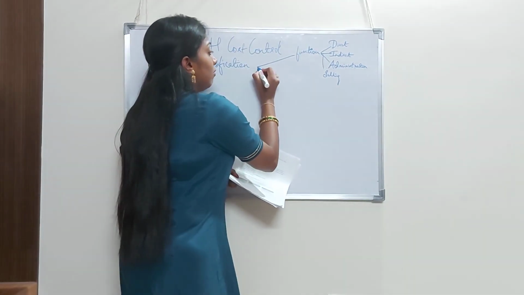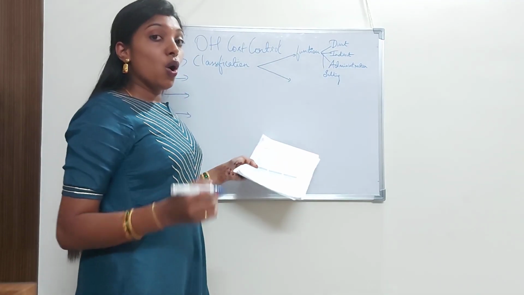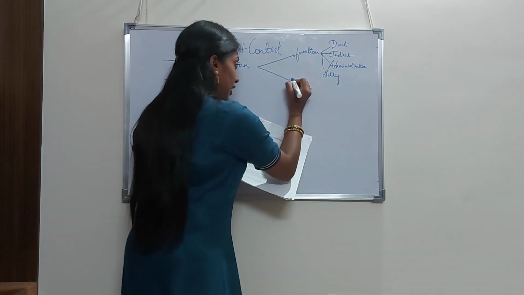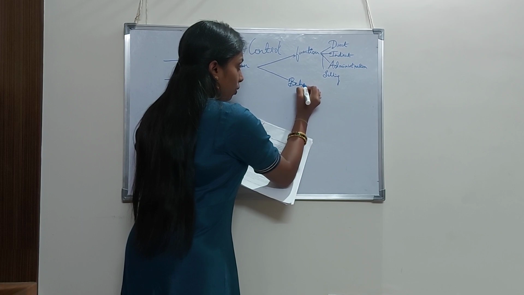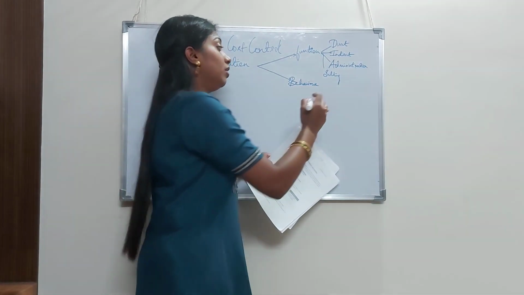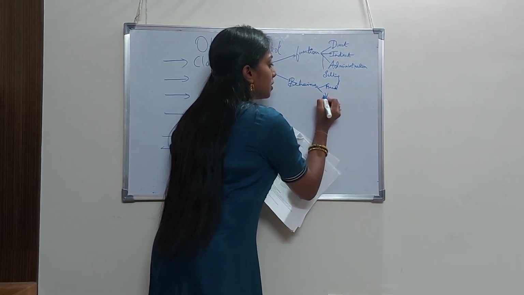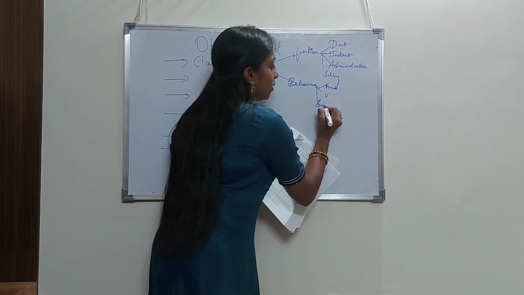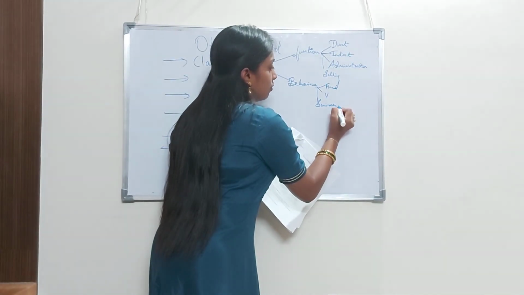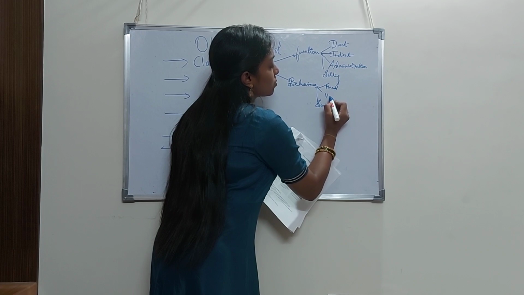Next we have overheads or expenses on the basis of behavior. I have already explained behavior. Under behavior we have fixed expenses, variable expenses and semi-variable expenses. Fixed is where the total cost is going to be the same.